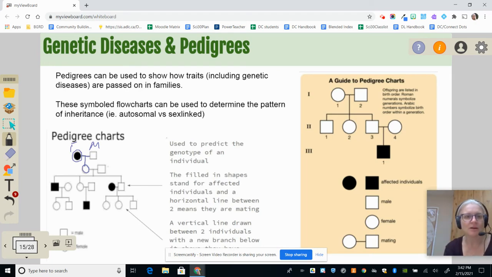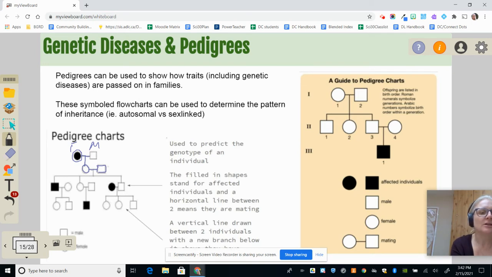Now you can see their daughter here, who's a circle, has married a man. That's showing that she's married him, and he's not attached to them, so he's not their biological son. He's just married into the family.